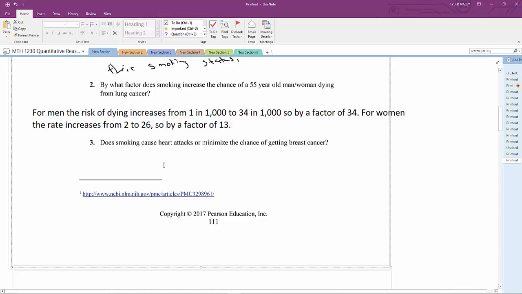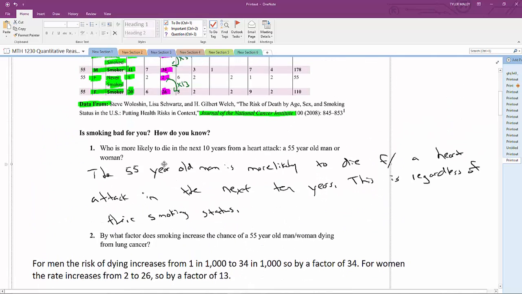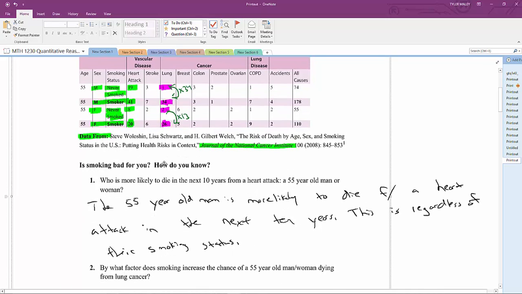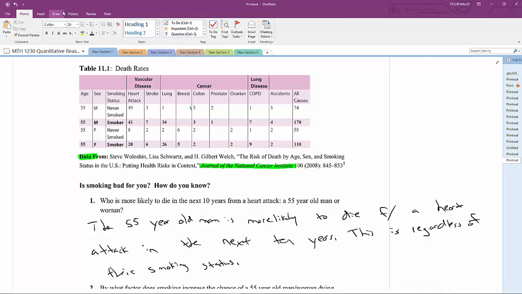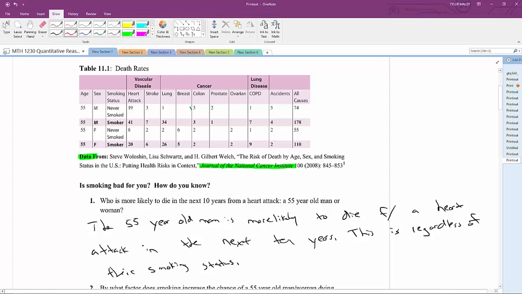And then number 3 asks, does smoking cause heart attacks, or does it minimize the chances of getting breast cancer? So if we come up here, if we're trying to see if smoking causes heart attacks, what they're trying to get us to notice, let me do some erasing here, so clear this table. So the first question is considering heart attacks.